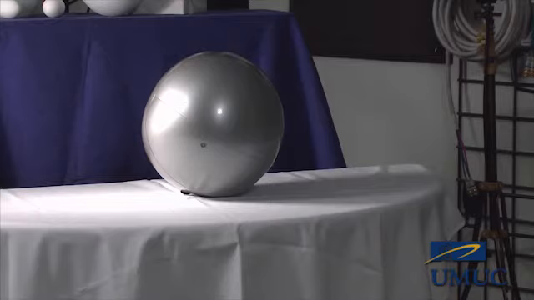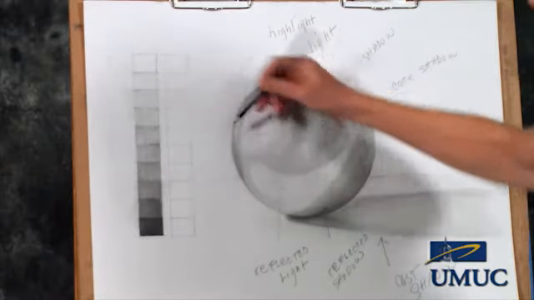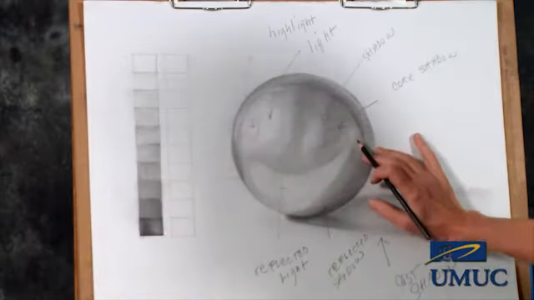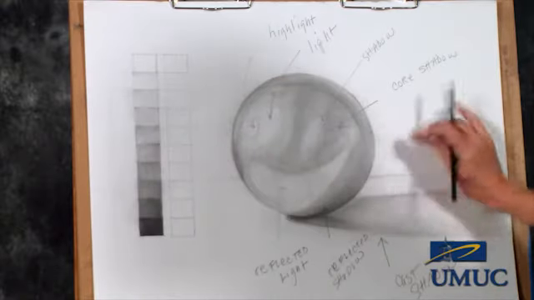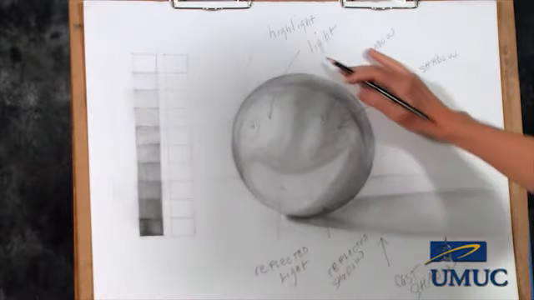In this room we have multiple light sources, but at home when you're working on this you should have one light source at an angle diagonally shining on the object, so we have good balance of light and dark.